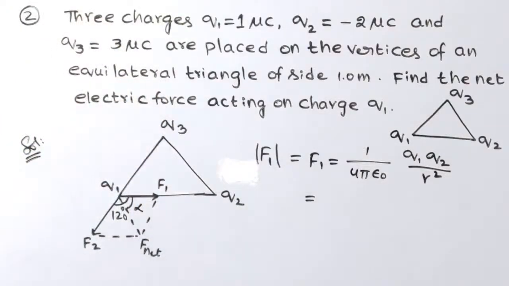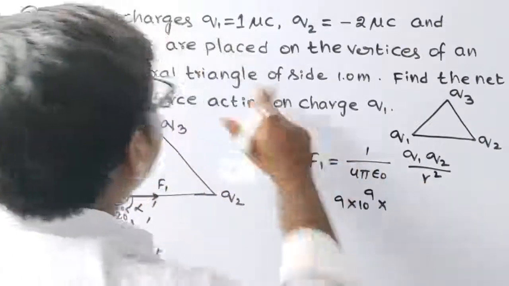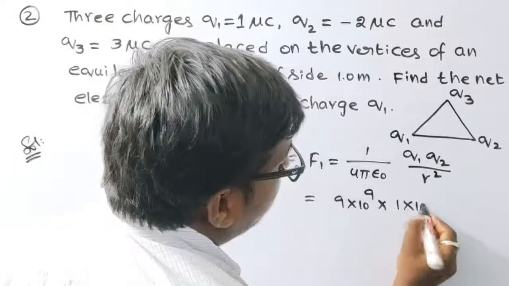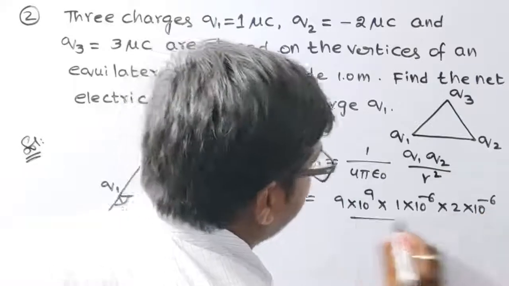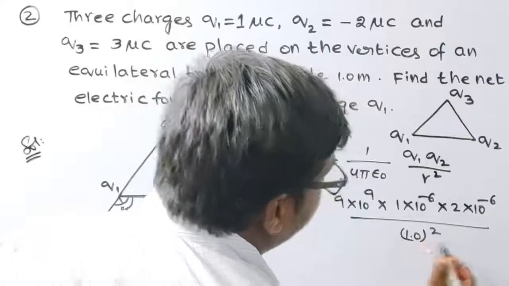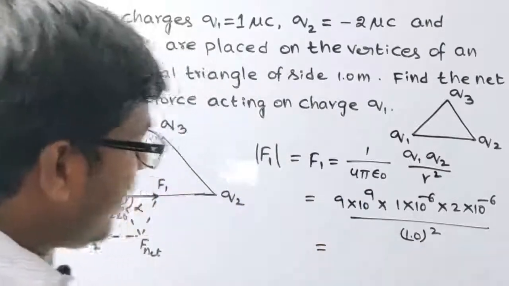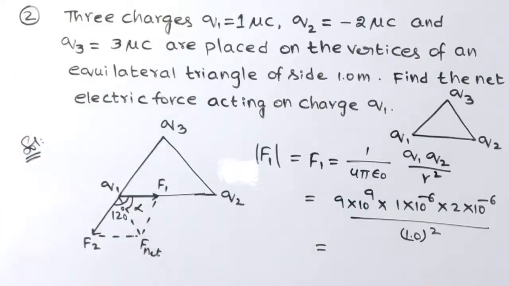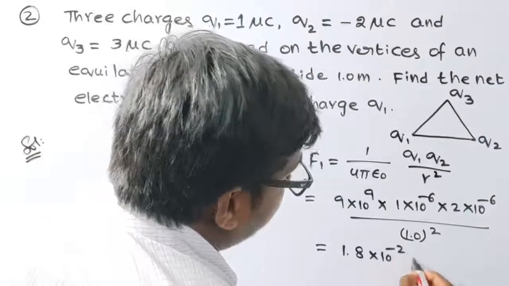That is 9 into 10 power 9 into Q1, which is 1 microcoulomb, 1 into 10 power minus 6, into 2 into 10 power minus 6, by 1.0 whole square, that is equal to 1.8 into 10 power minus 2 Newton.